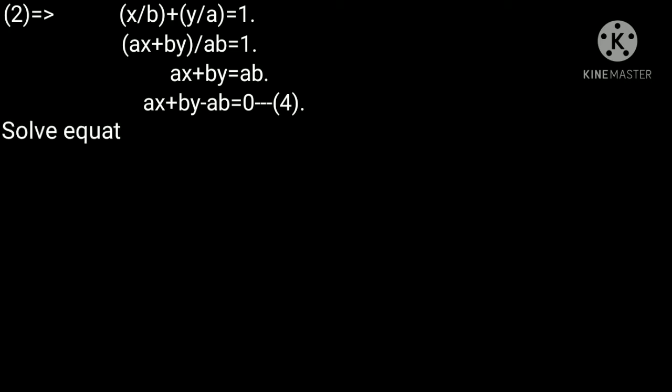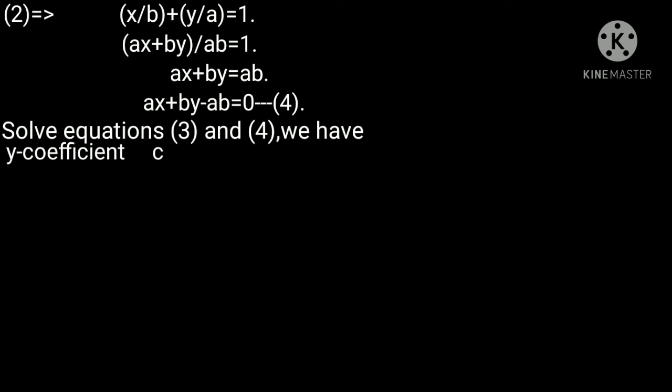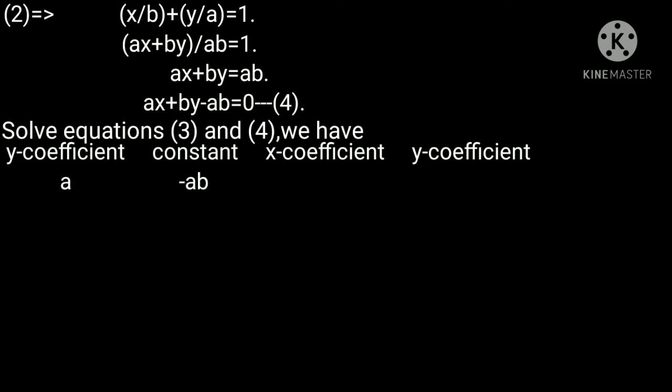Solve equations 3 and 4. Here we solve these two equations by using the rule of cross multiplication. Next, from these values, y coefficient, constant, x coefficient, y coefficient values.